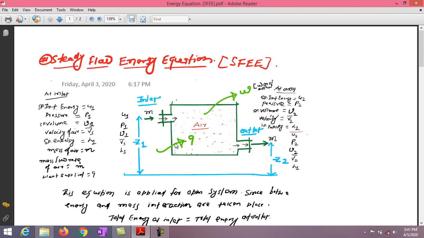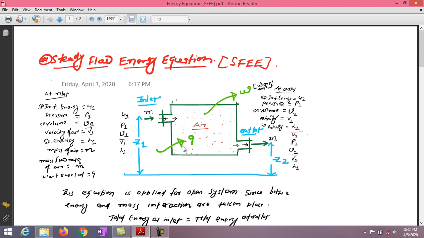Okay, this Q amount of heat is supplied to the air, and this work is done by the system. So be careful in sign. Since this Q amount of heat is supplied to the system, that's why this sign will be positive, and this work is done by the system, that means we will get some positive work.